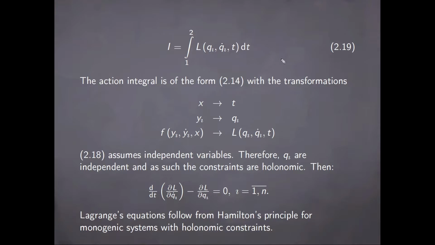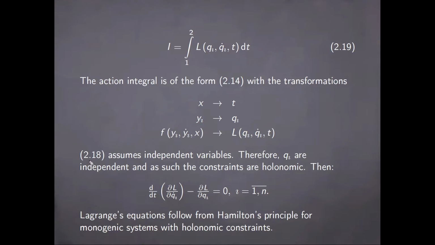Furthermore, in order to obtain the Lagrange equations, it is enough to observe that the original action integral presented in Hamilton's principle, which is the integral over time of the system's Lagrangian, is of the form of equation 214 with the following transformations. The parameter x becomes the time, the functions y are the generalized coordinates, and the functional f is the system's Lagrangian.